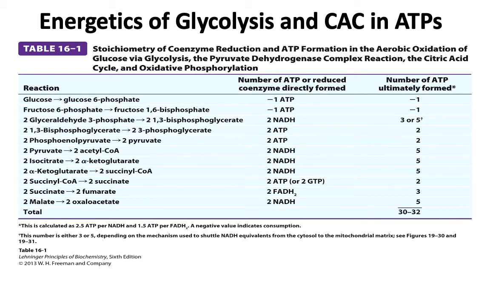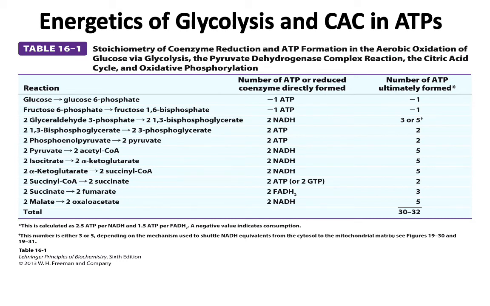But if the pyruvate's going to go into the TCA cycle, then those NADHs can go into oxidative phosphorylation and generate ATPs. There's a little variation in how these things are shuttled in and out of the mitochondria, and that can affect how many ATPs are formed.